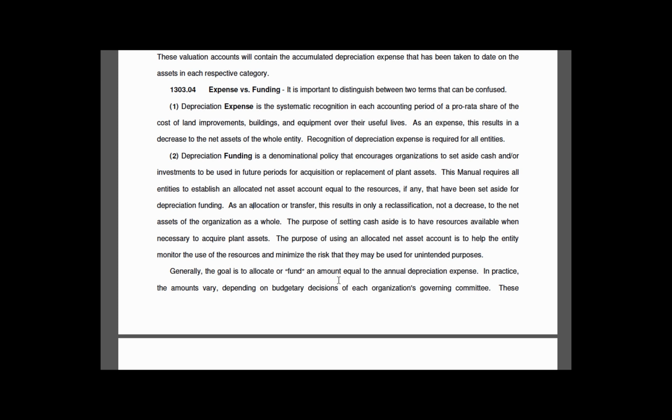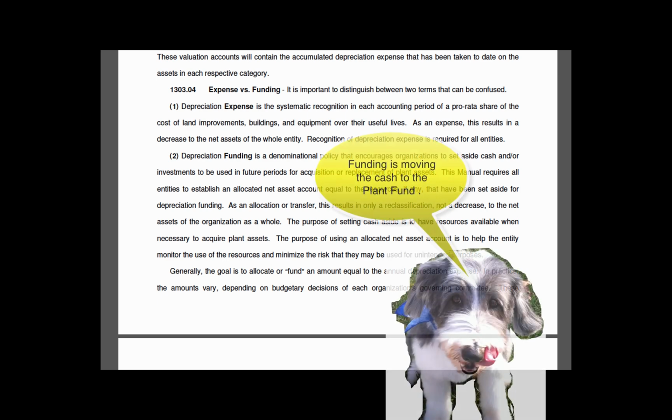So the accounting manual requires all entities to establish an allocated net asset account equal to the resources that have been set aside for depreciation funding. So this depreciation funding, if properly done, is going to take money out of the operating account and put it in a separate account.